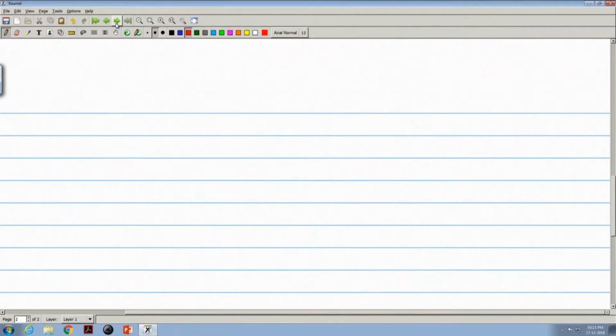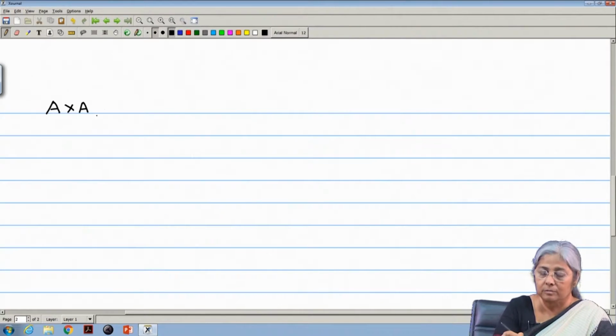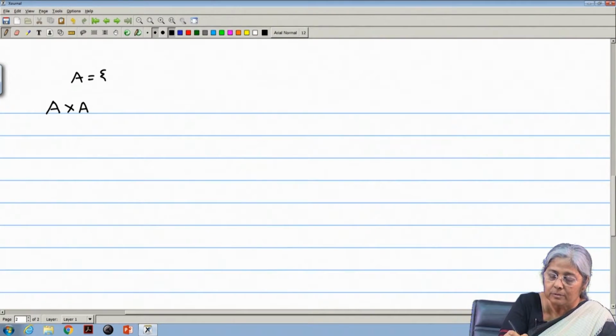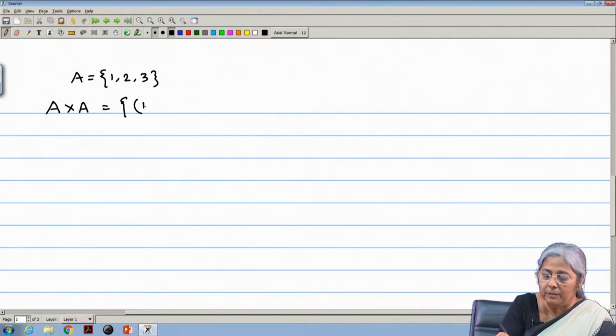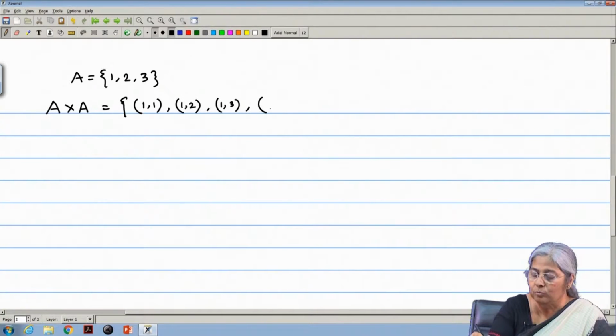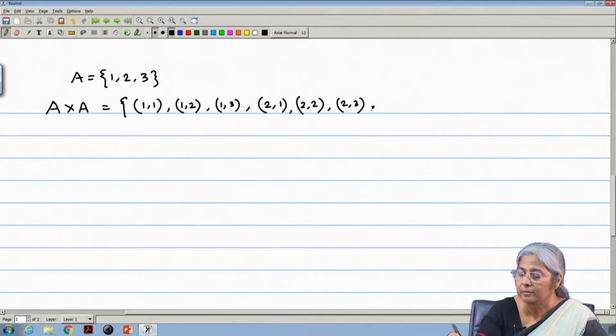So, what is A cross A or B cross B? If we consider the Cartesian product of the set with itself, A cross A, with the same example A is the set 1, 2, 3, then we get the pairs 1,1, 1,2, 1,3, then 2,1, 2,2, 2,3, then 3,1, 3,2 and 3,3.